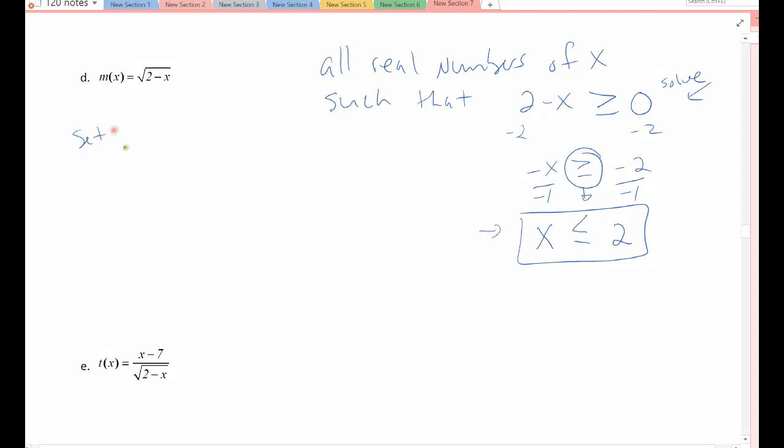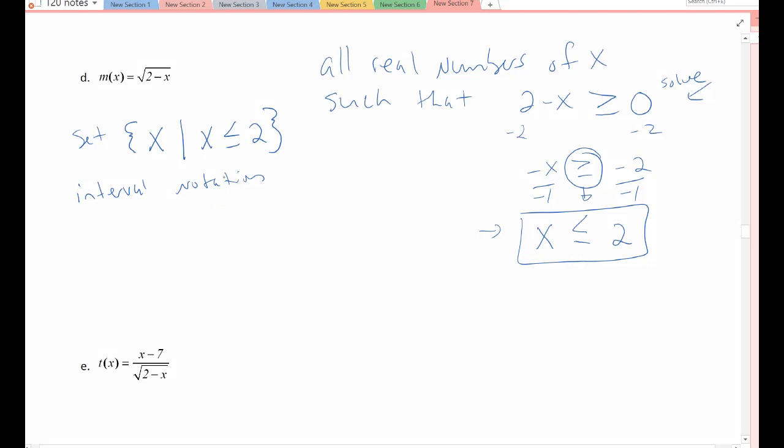The set notation is I want the set of values of x such that x is less than or equal to 2. All right, that's the set notation. The interval notation is, well, again, we started out with all real numbers, infinity and negative infinity.